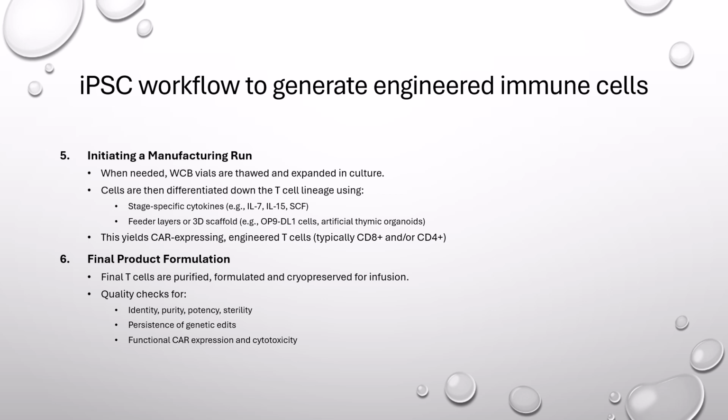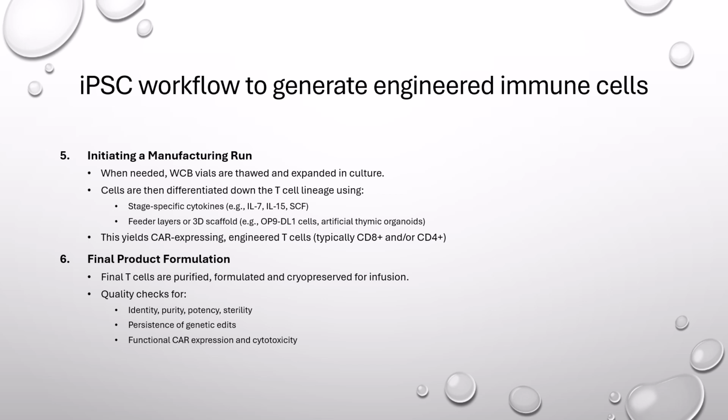Any small changes, you can get incomplete or incorrect differentiation. You're going to get heterogeneous cell populations anyway, but that can vary greatly, and you can reduce the potency or increase your safety risk. So you're not just growing cells, you're engineering cells which have a defined fate, and that has to be consistent and reproducible.